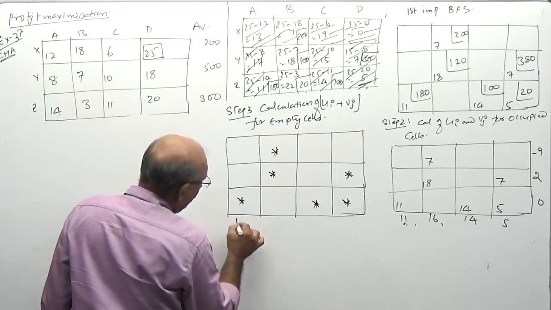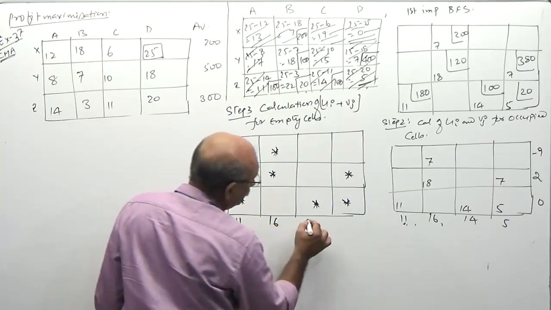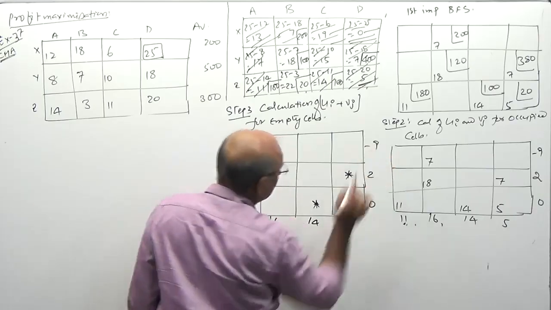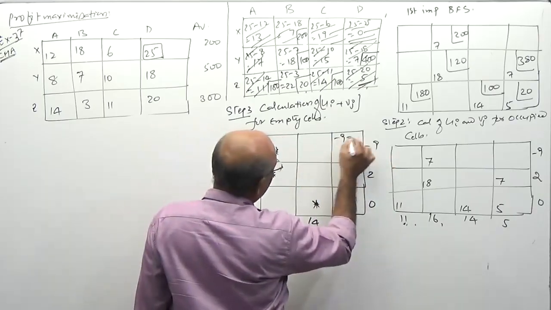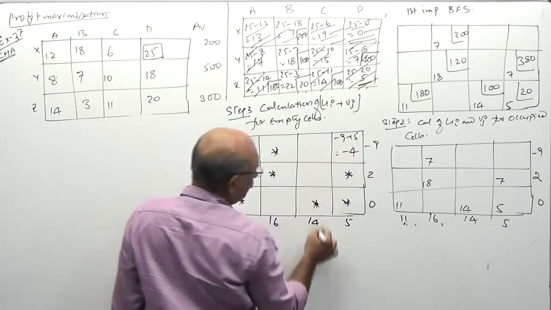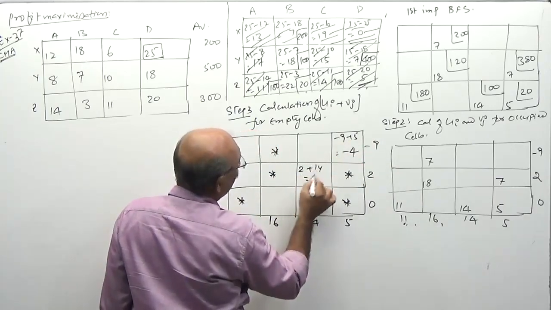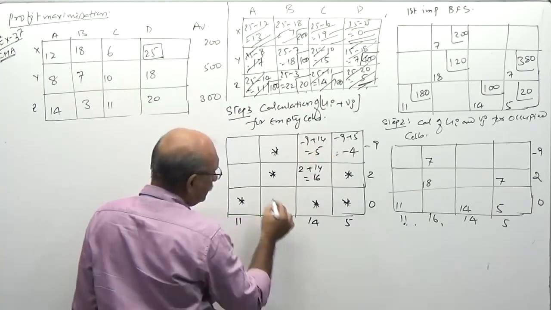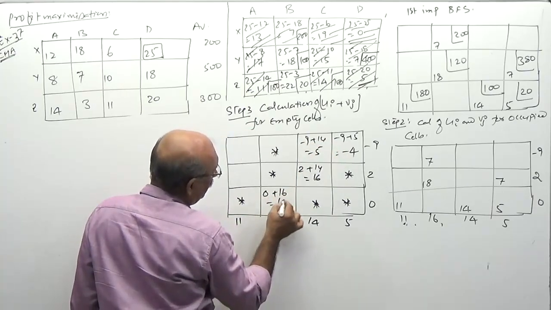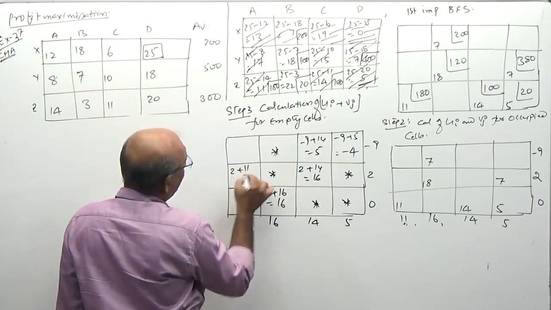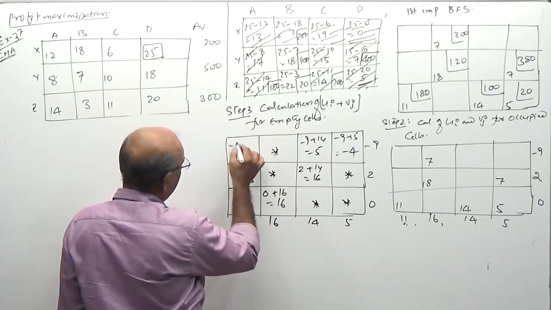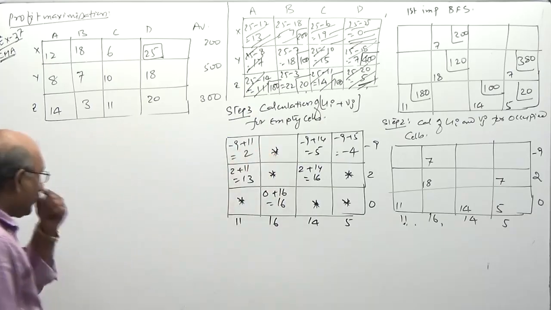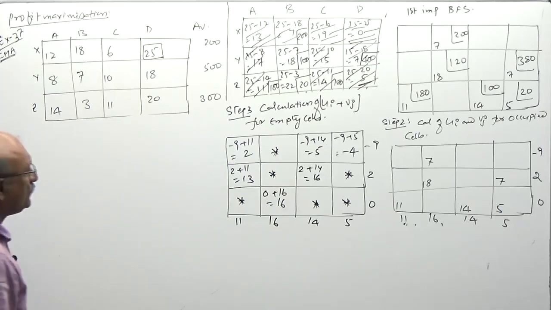Now write the Ui and Vj values as usual. Now, minus 9 plus 5 is minus 4, 2 plus 14 is 16, minus 9 plus 14 is 5, 0 plus 16 is 16, 2 plus 11 is 13, minus 9 plus 11 is 2.